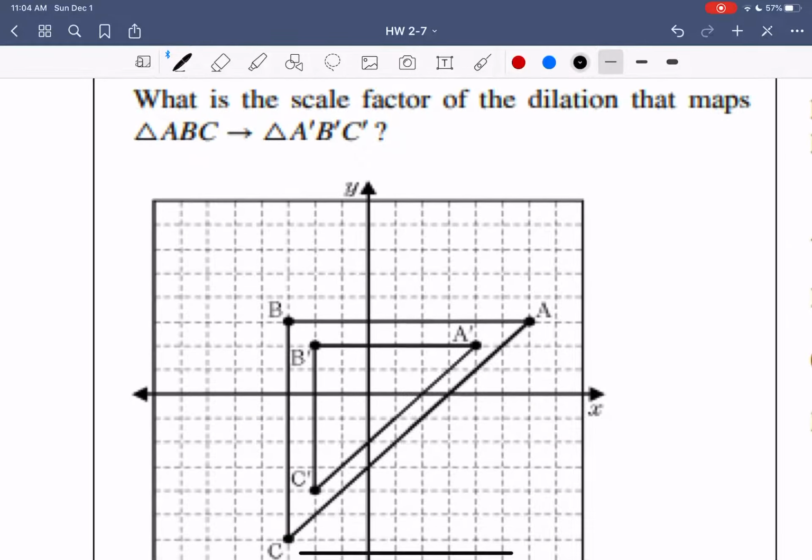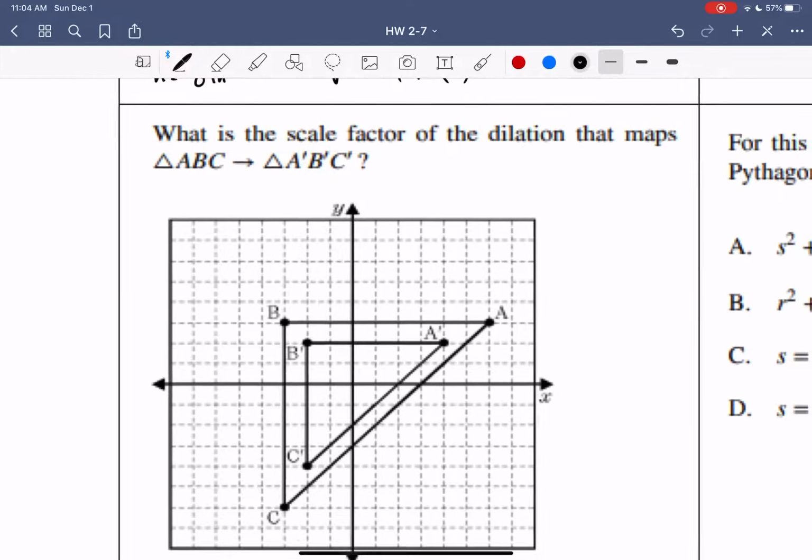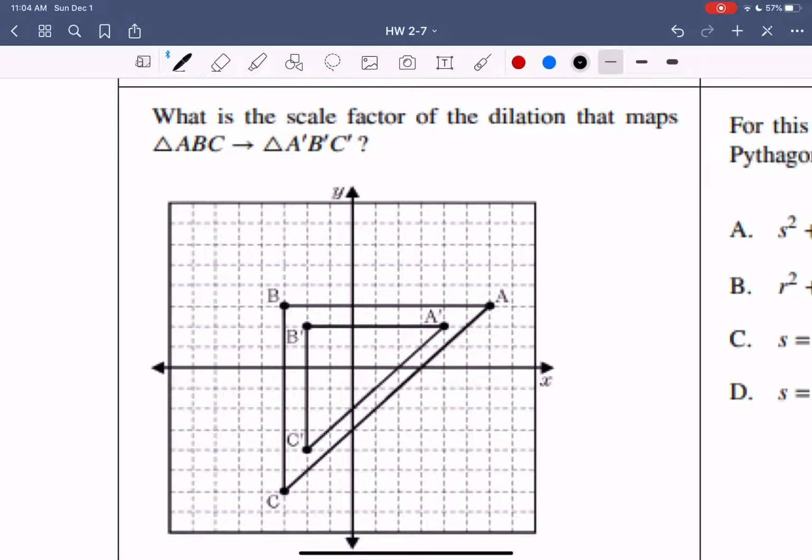All right, what scale factor of dilation maps A, B, C to A prime, B prime, C prime? So A prime, B prime, C prime, this one right here is our image, and this one is our pre-image.